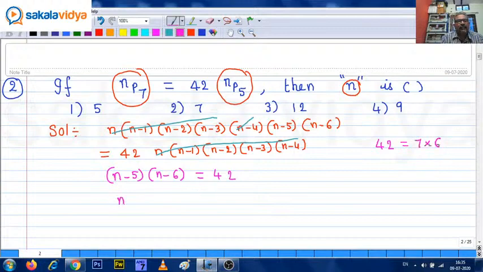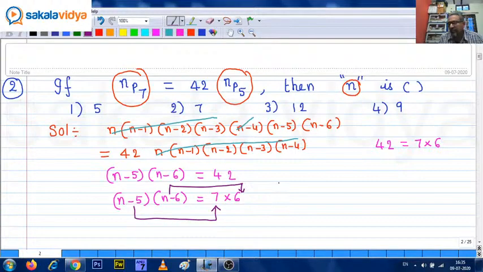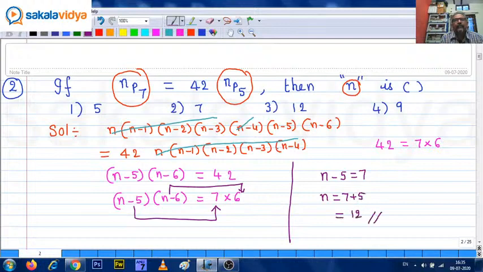That means (n minus 5) into (n minus 6) equals 7 into 6, so n minus 5 equals 7. We get n equals 7 plus 5, so the answer is 12. Third option is the right option.